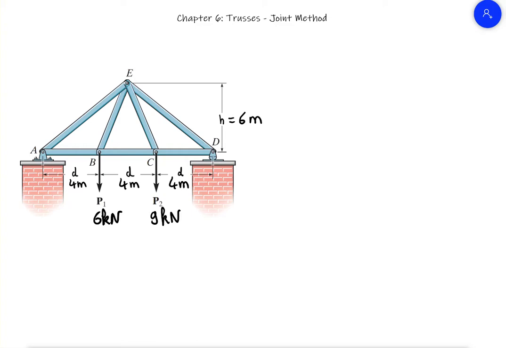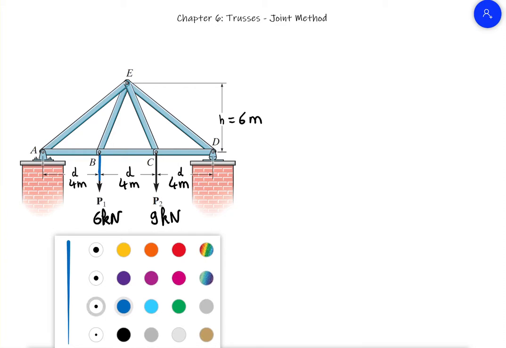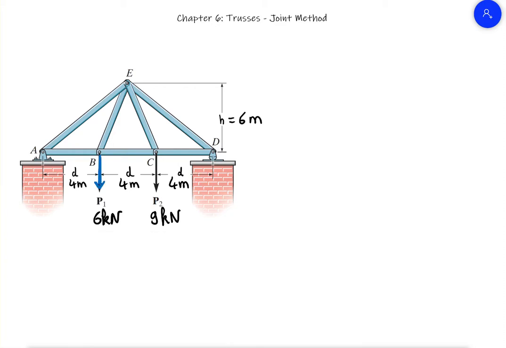So if we look at what we know, first, is there any zero force member? No, but there is some load at B and C. What we know right now is only this one and this one.